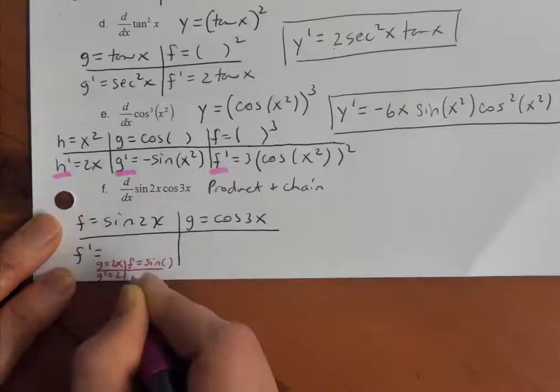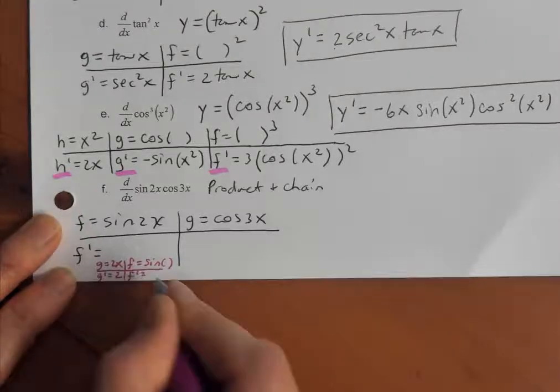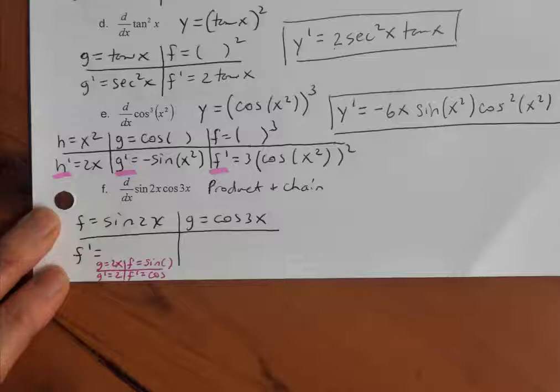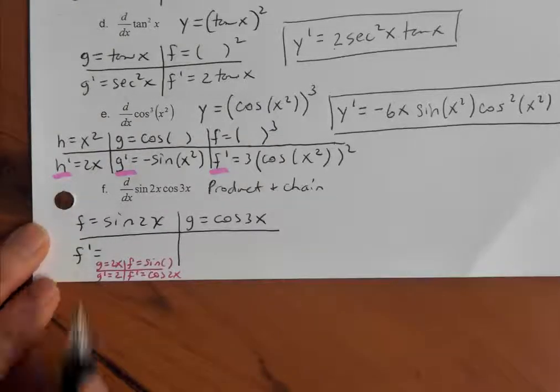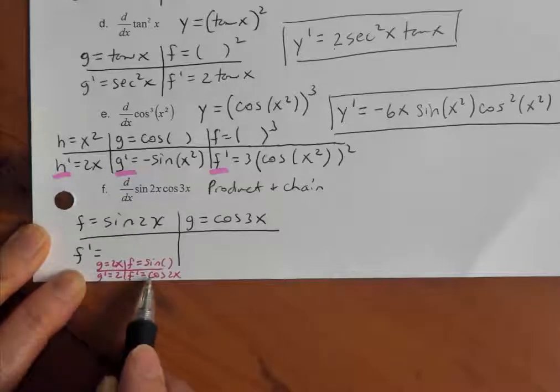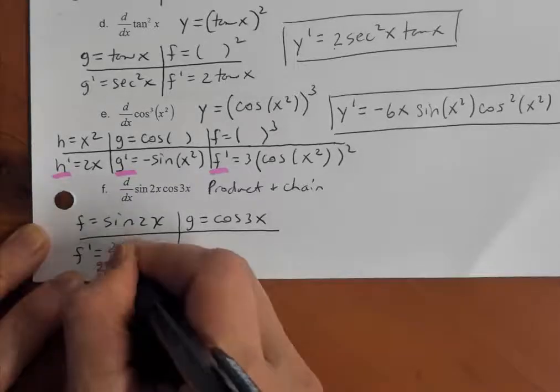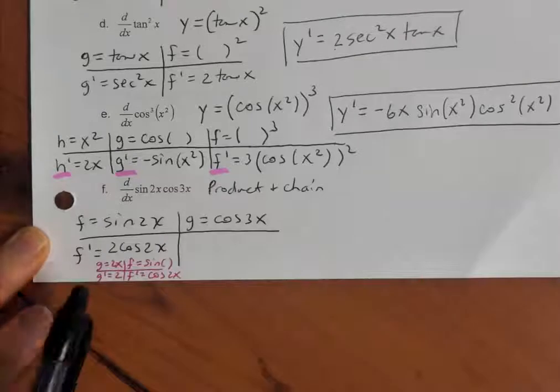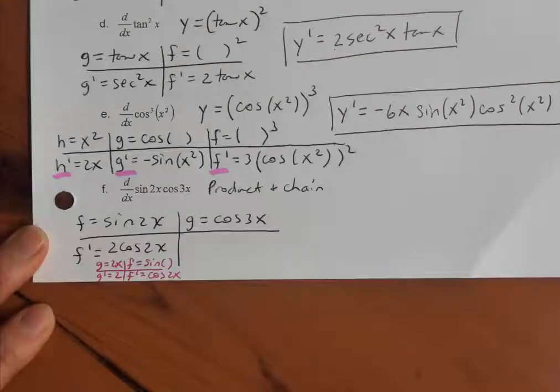So then f prime is going to be cosine of, and then what do I put in for that something? 2x. Okay, so putting all that together, the derivative of f is going to be 2 cosine of 2x. Okay, so it's kind of like doing two times what we've done above, and now I still have to do my g.